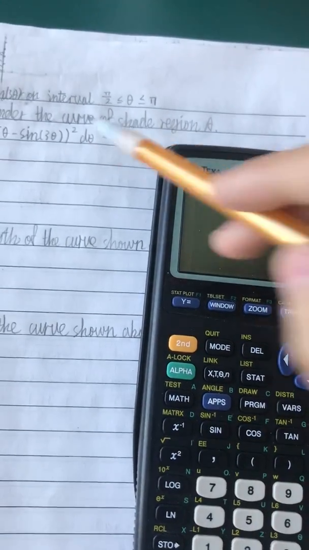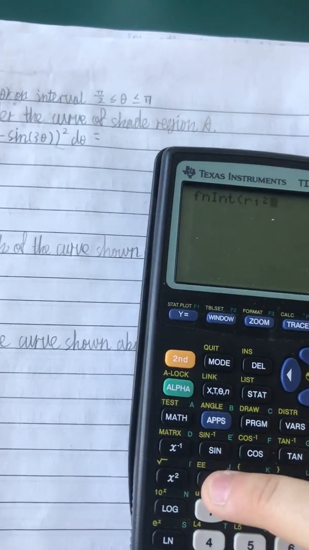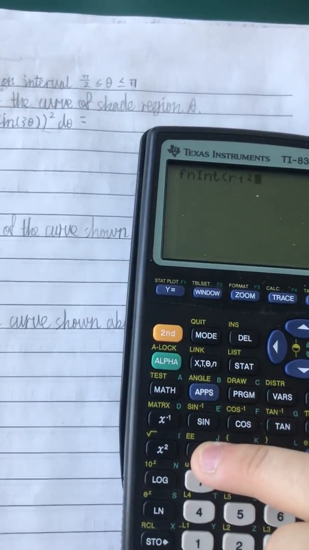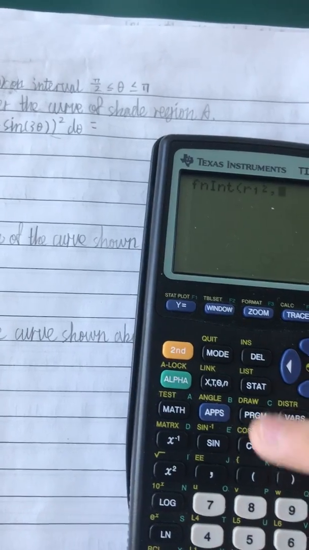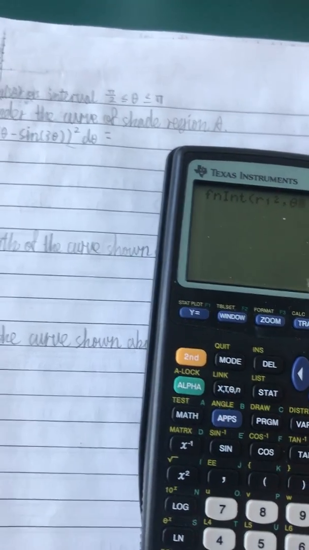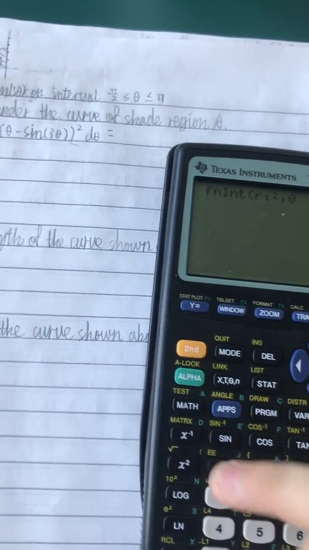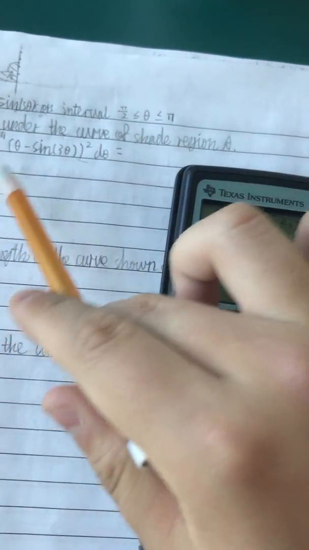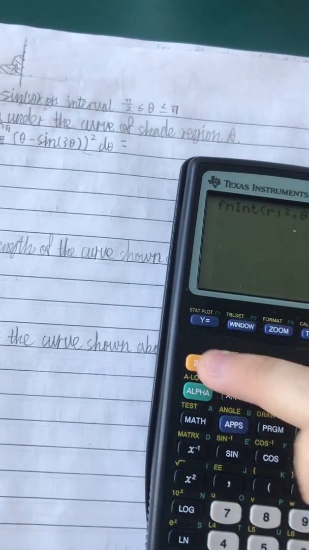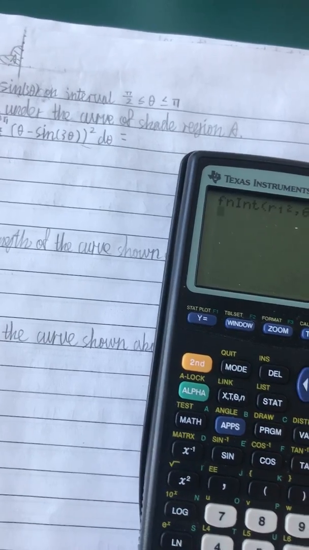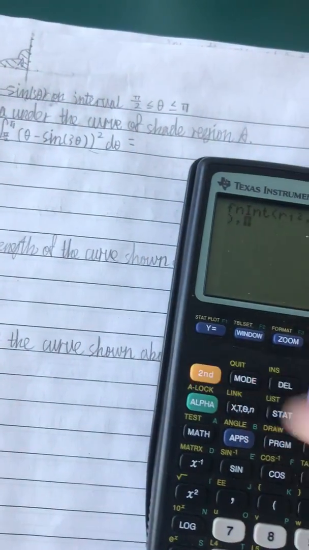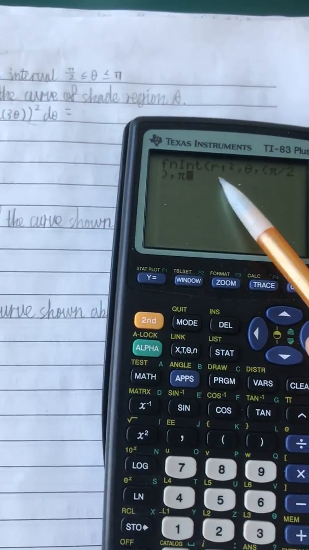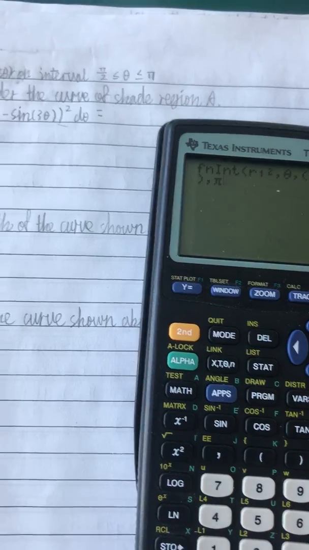Remember to square it because we are talking about r squared in order to find the area under the curve. So parenthesis theta, because we are on a polar curve, from pi over 2 to pi.